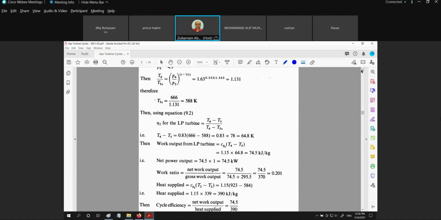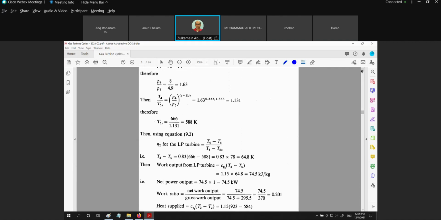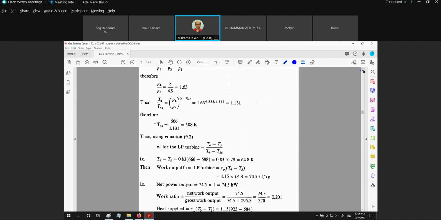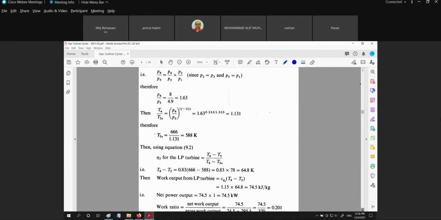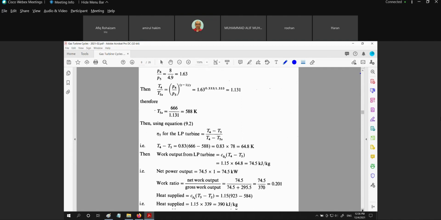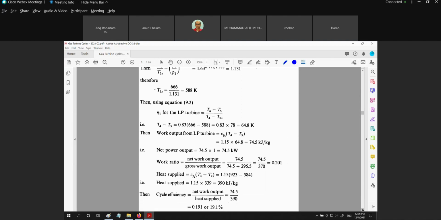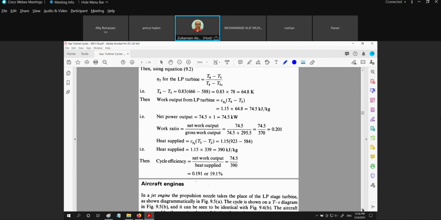After solving the T4S, we are going to solve for the pressure ratio. This is the relationship between the pressure ratios. Then we get the P4 over P5 or P5 over P4. Lastly, get the power output, which is equivalent to the power output of the low pressure turbine, get the work ratio, get the heat supplied, and we get the thermal efficiency.